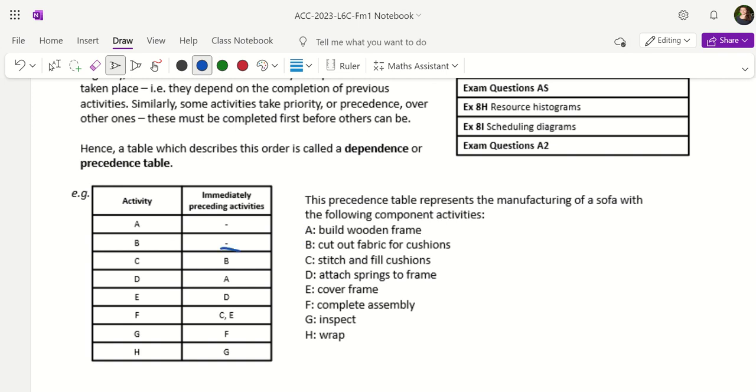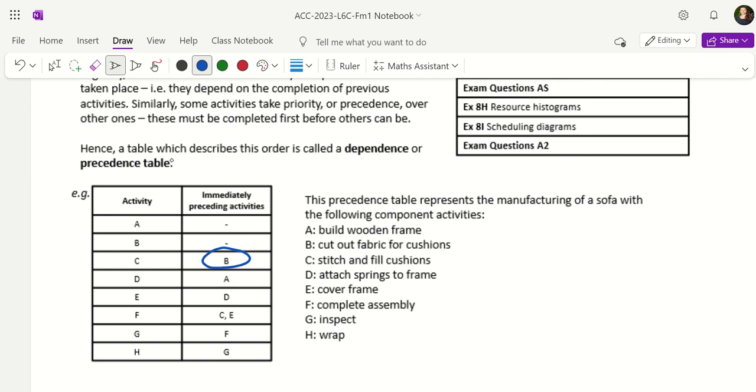If there is a letter in the box, however, it means that the activity C cannot be completed until B has been completed. So if we look at what C is, to stitch and fill the cushions. Well, we have to cut out the fabric for the cushions before we can stitch them and fill them. It makes sense.